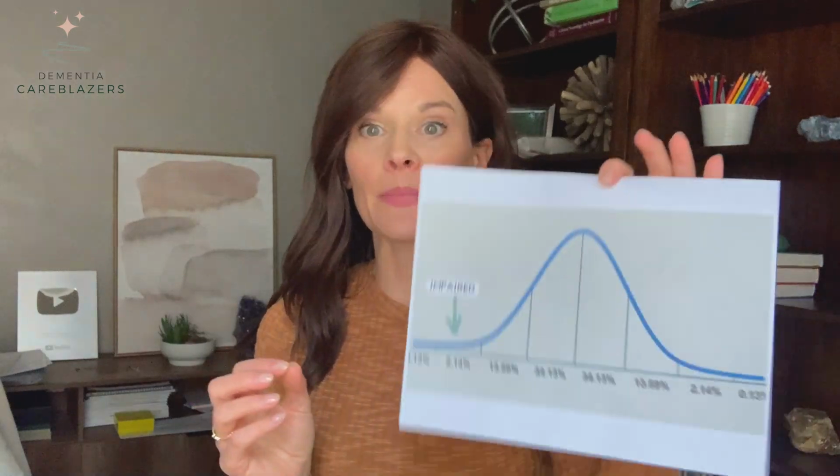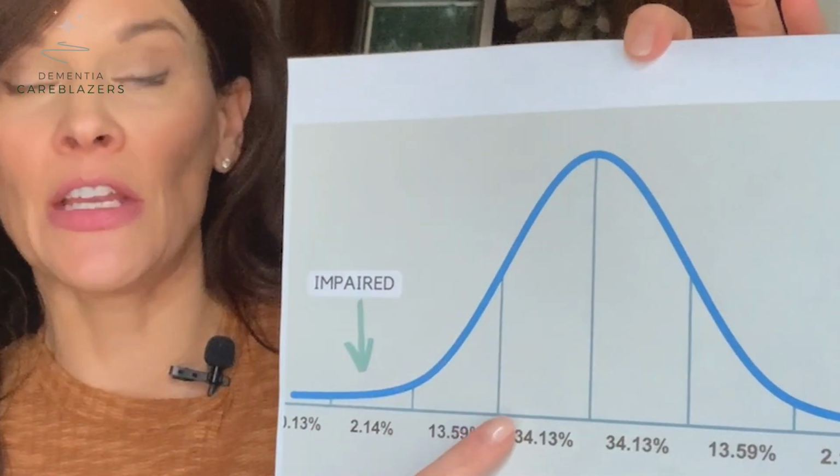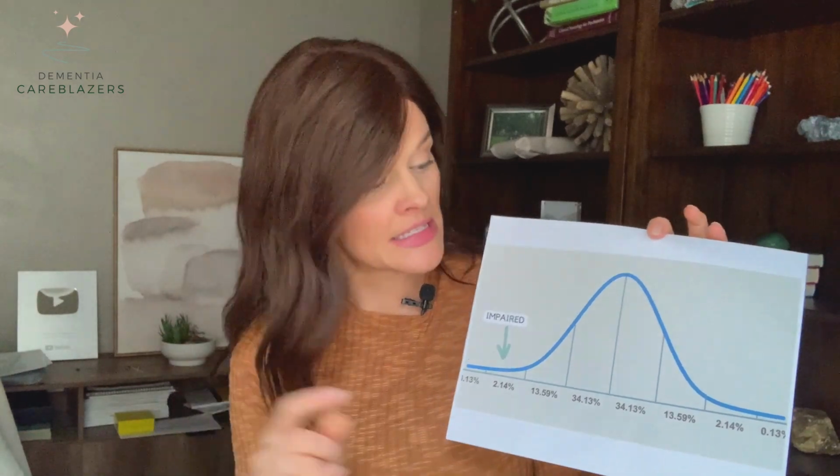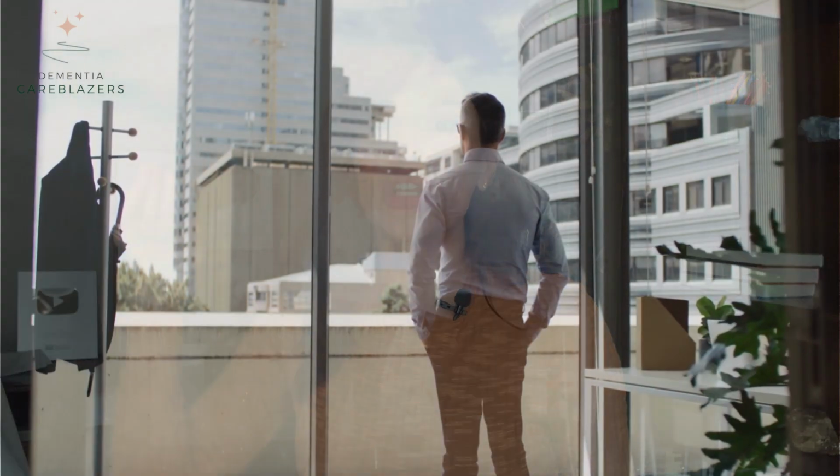For example, if we give a 68-year-old who had a 7th grade education a certain test and they performed in the low average range, we would probably think that's pretty normal for them. But if another person the same age took the same test and they were also in the low average range, but they had 16 years of education and they had a high-ranking job, a CEO, and they performed in the low average range, that would likely indicate a decline.